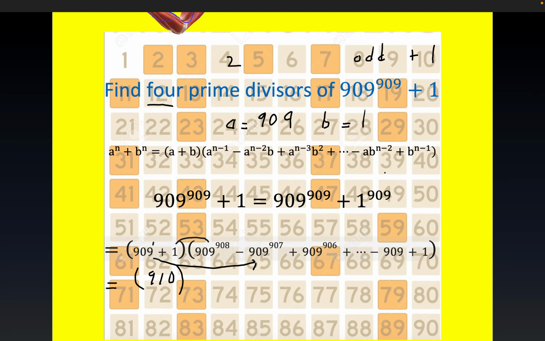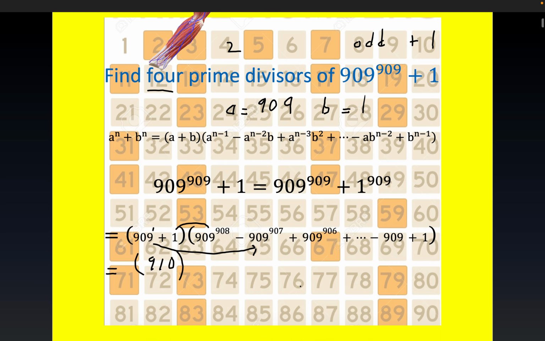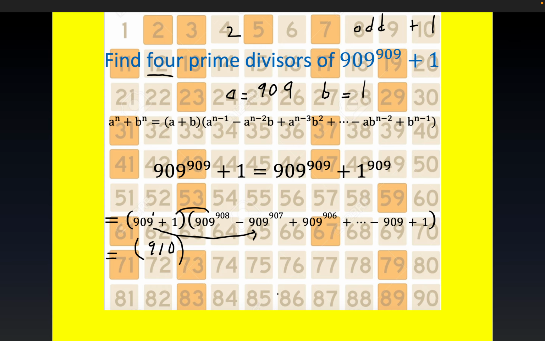And so anyway, here we go. We got everything working in our favor right here. And all we have to do is determine how many prime factors 910 has. Well, it's not too hard to determine that 910 certainly is divisible by 2. We've already seen that.